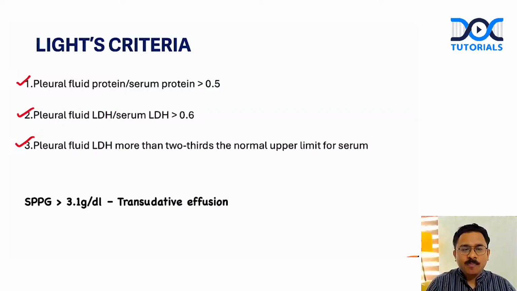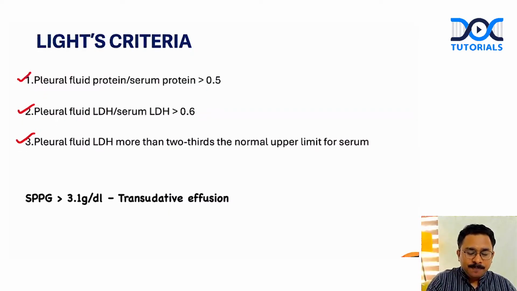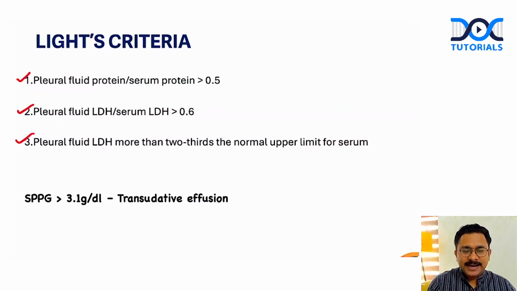But what is the problem with Light's criteria? The problem with Light's criteria is that around 25% of the transudates may be misdiagnosed as exudates. So what you should be doing is, once you have made a diagnosis of an exudate as per the Light's criteria, you can also go for this particular modification.